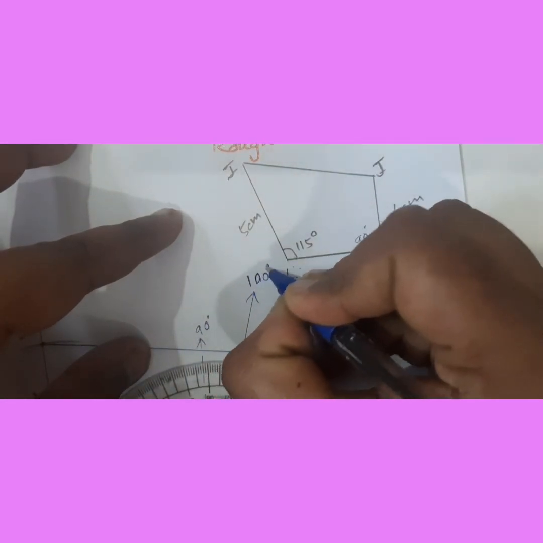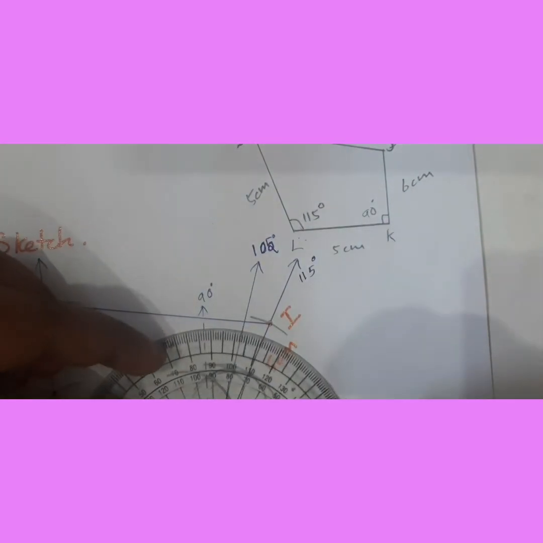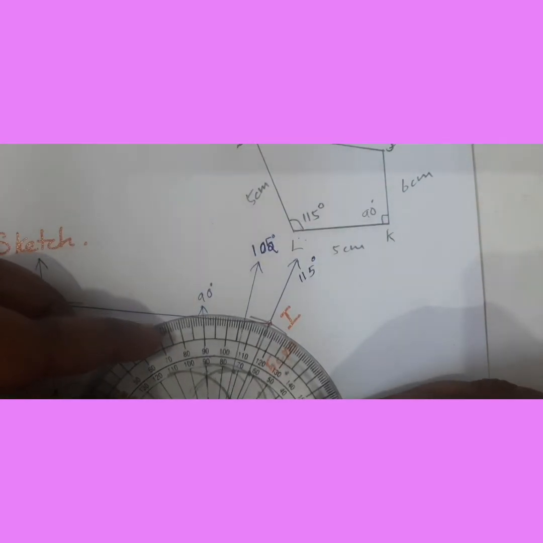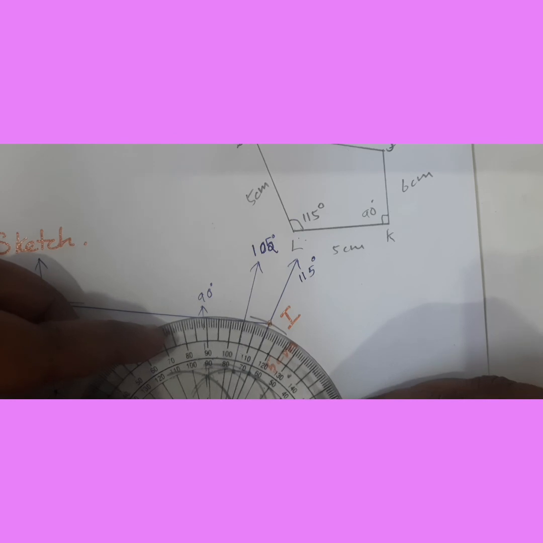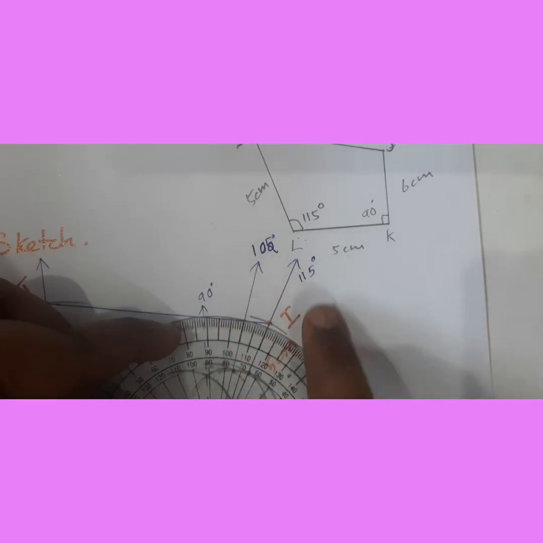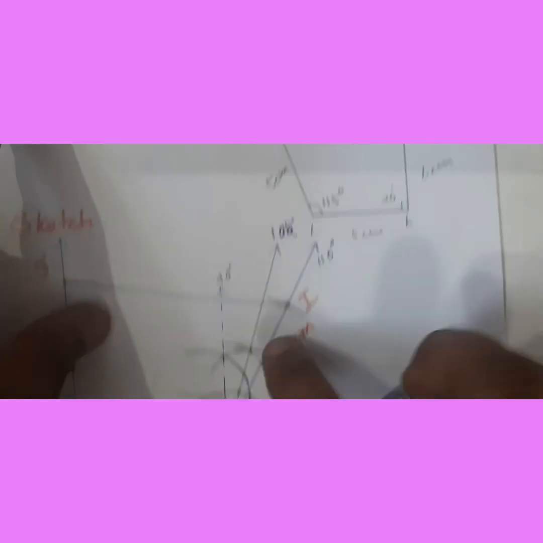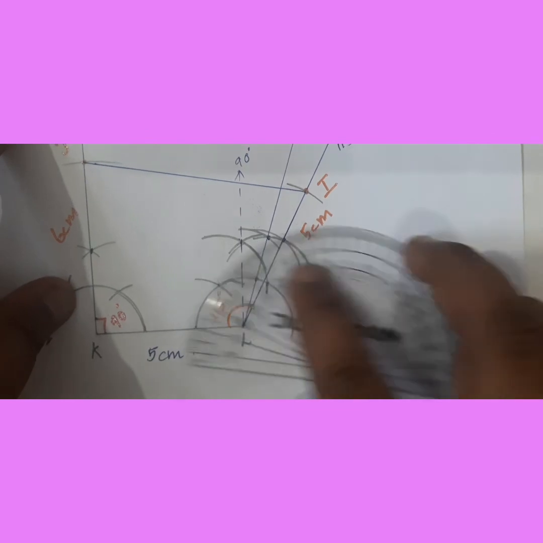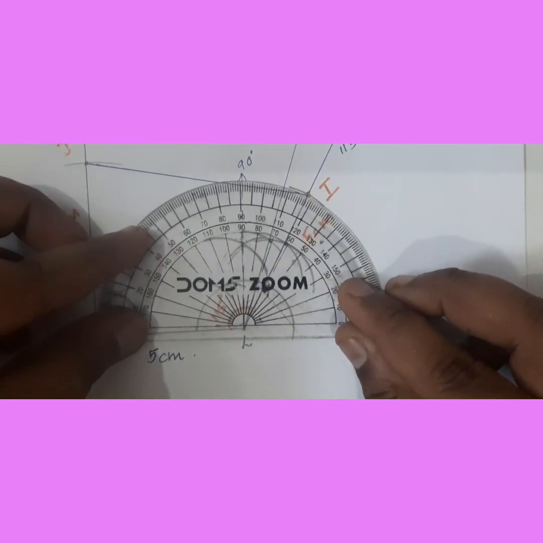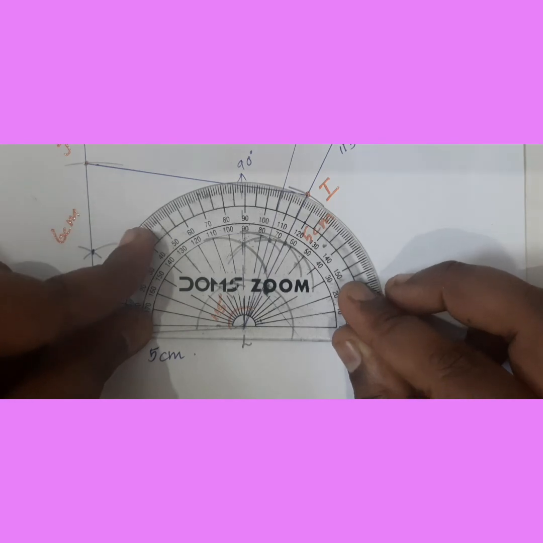Bisector of 90 and 120 is 105 degree. Then bisector of 105 and 120 is 115 degree.